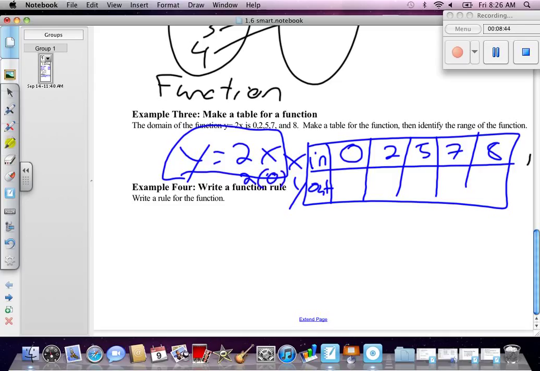So it becomes 2 times 0. That gives us 0. And then we're going to do 2 times 2, which is 4, and 2 times 5 is 10. And 2 times 7 is 14. And 2 times 8 is 16. Okay.